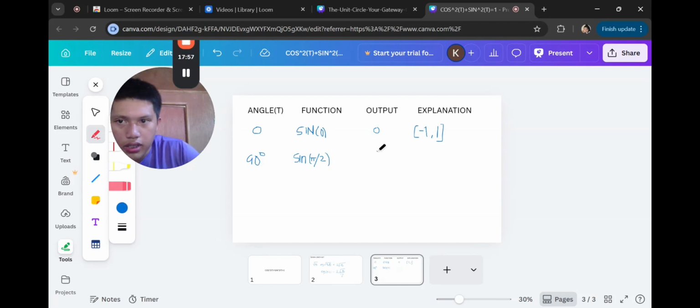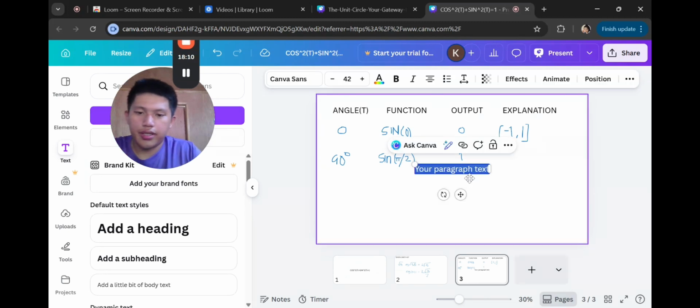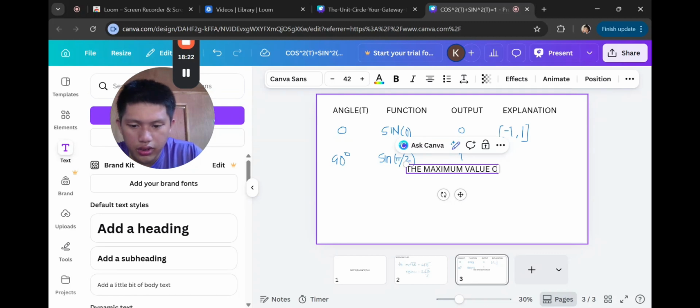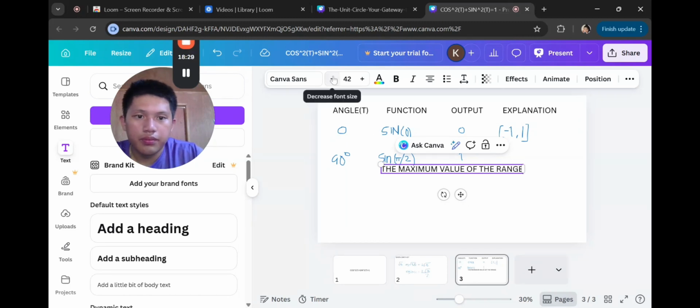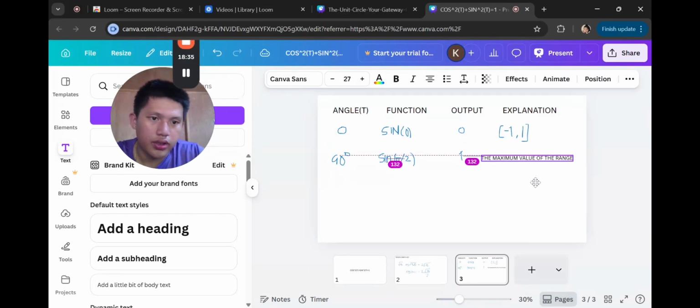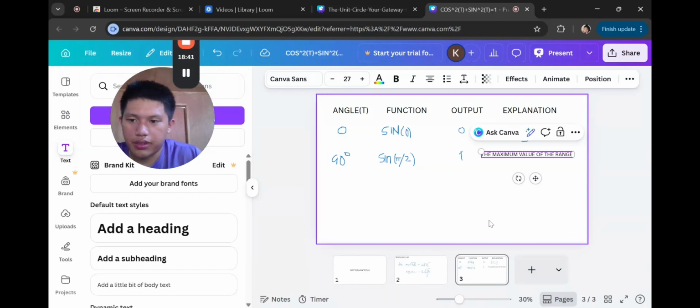So the output of this is 1. The answer for this is the maximum value of the range. So this is our example.